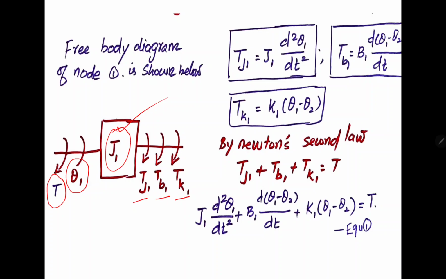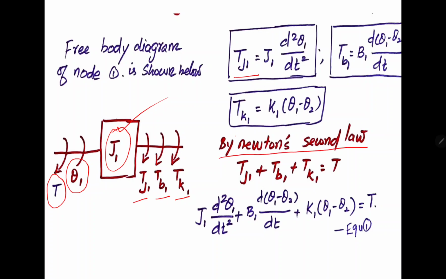Here the dashpot and spring are connected in between J1 and J2. So the equations are: Tj1 is J1 d square theta 1 by dt square, Tb1 is B1 into d of theta 1 minus theta 2 by dt, and Tk1 is equal to K1 into theta 1 minus theta 2.